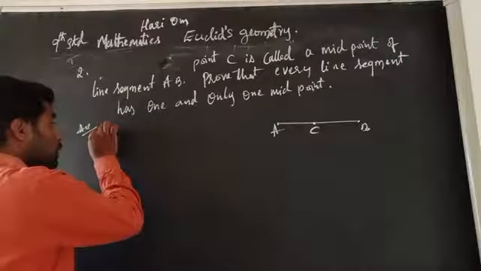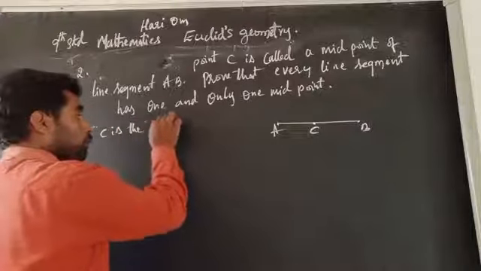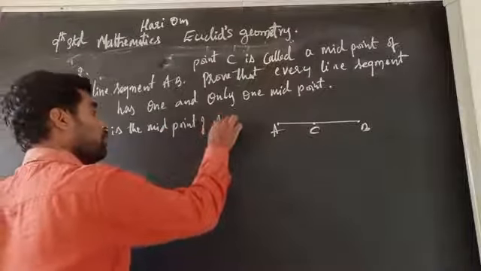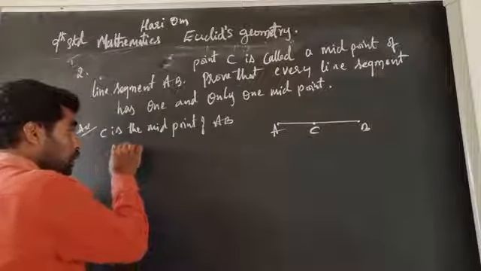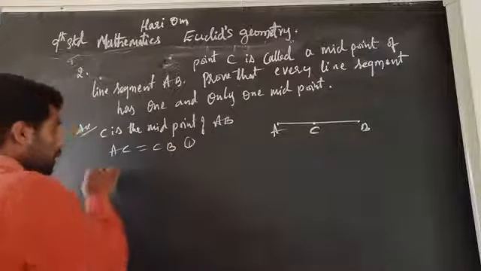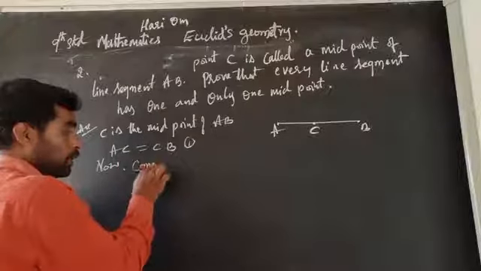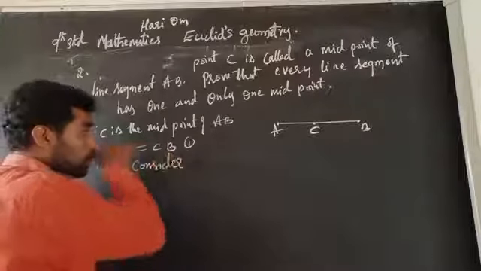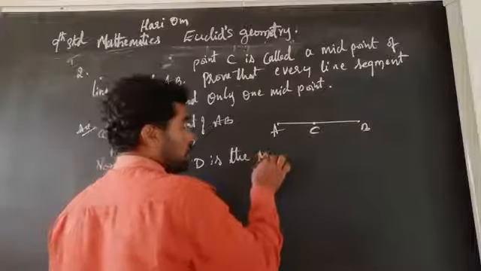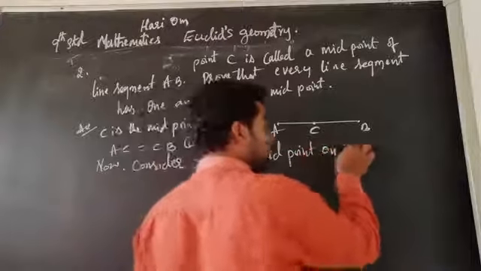So, here C is the midpoint of AB. Therefore, AC is equal to CB. Equation number 1. Now, I'll consider D is the midpoint on AB.